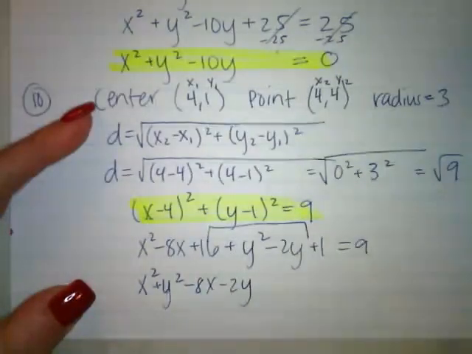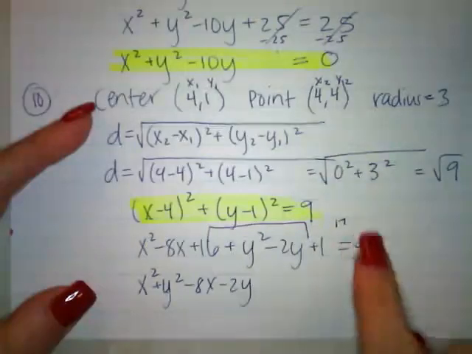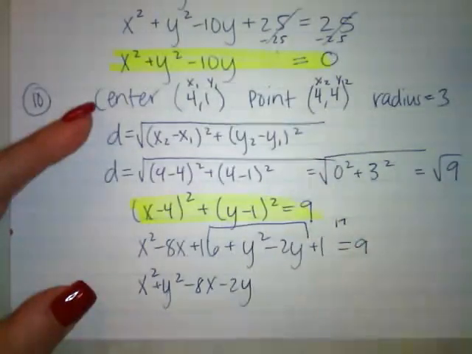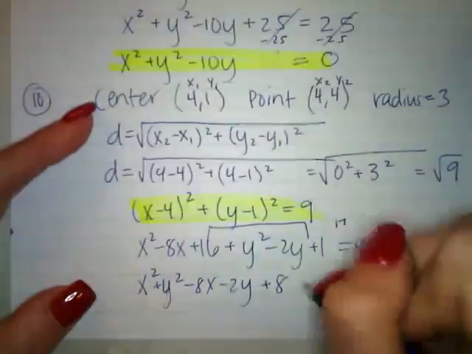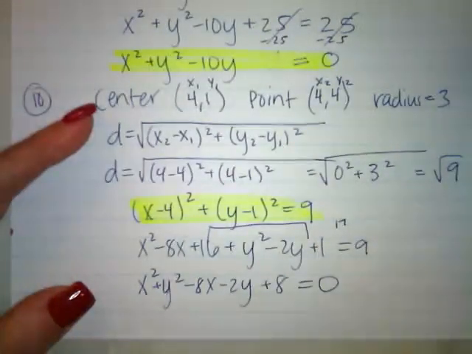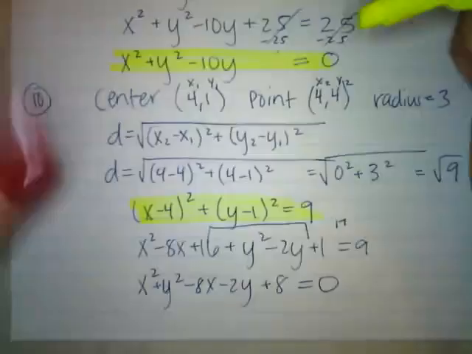When you combine those like terms, you get 17. And then you have to subtract the 9 to this other side, which needs to be set equal to 0. So 17 minus 9 is going to leave us with 8 on this side, giving our final answer.